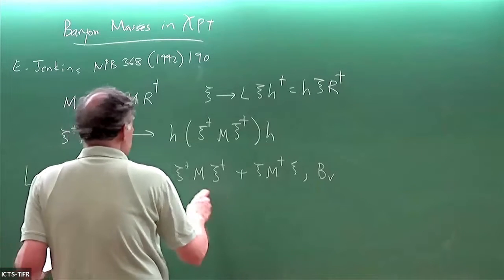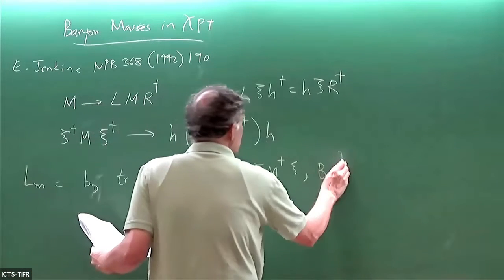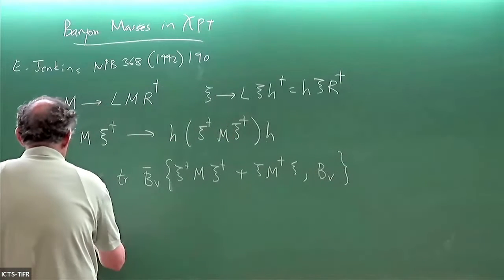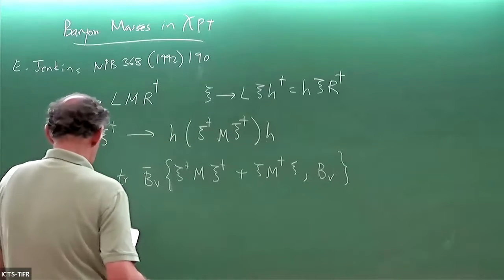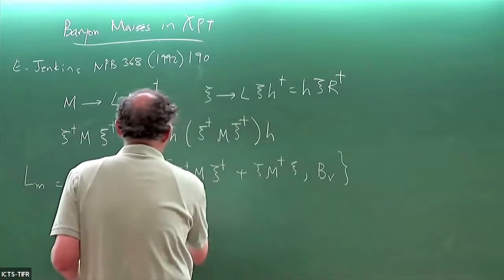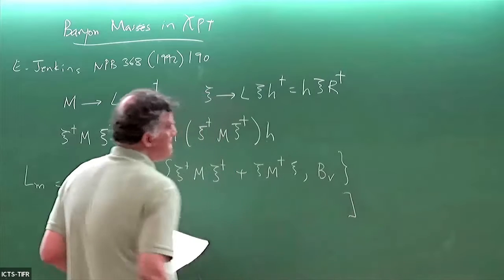So this is a D term, and this is the anti-commutator with B_v. And then there's an F term, which is the same thing, except that you replace this with a commutator.